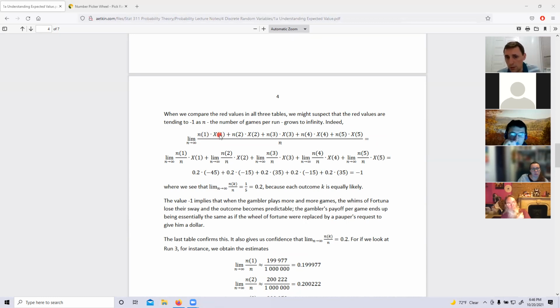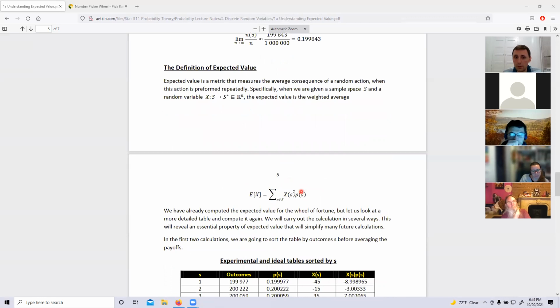That's the payoff you get. You get the probability multiplied by the label. This is the probability of 1 multiplied by its label. Probability of 2 multiplied by its label. So that's what this formula is telling us.